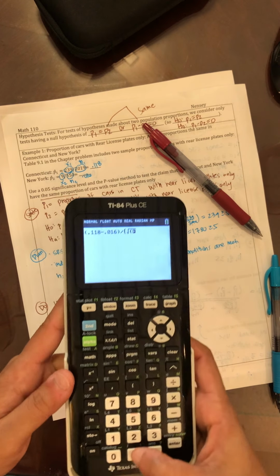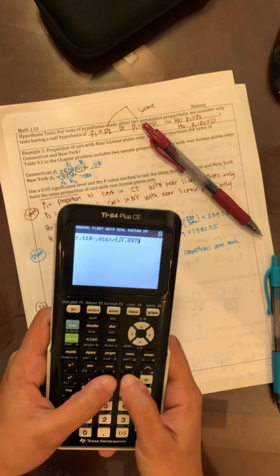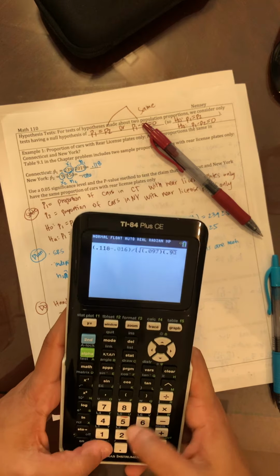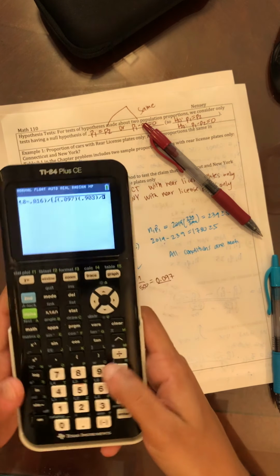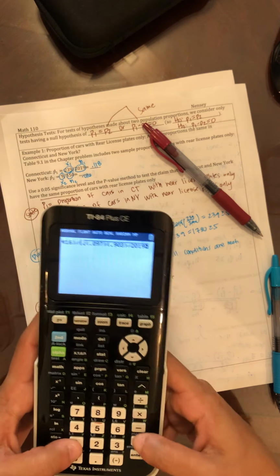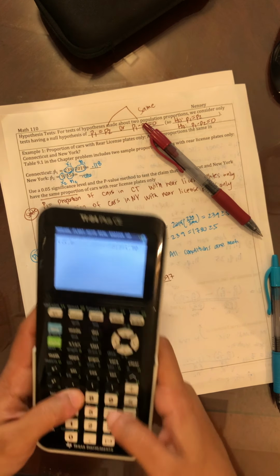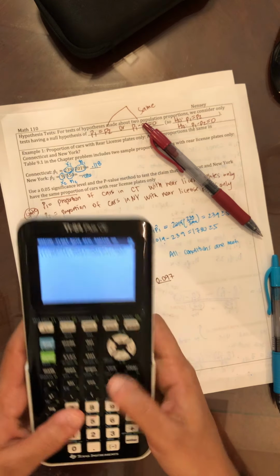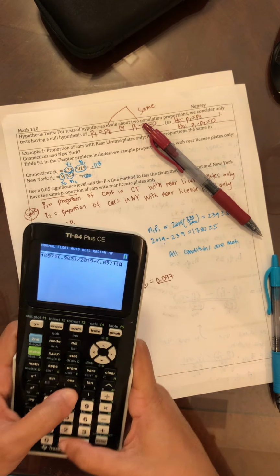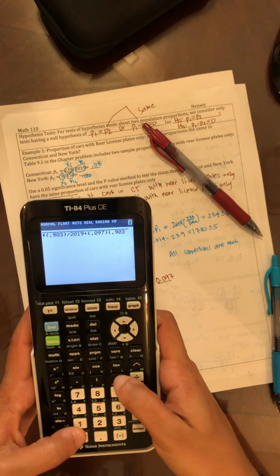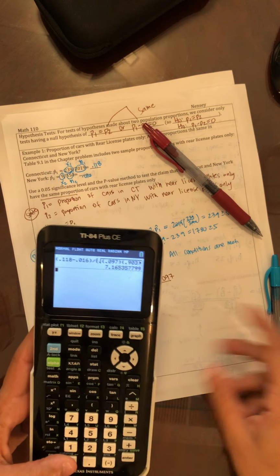So parentheses 0.097 times 0.903, close it, divided by 2019, plus 0.097 times 0.903 divided by 550.